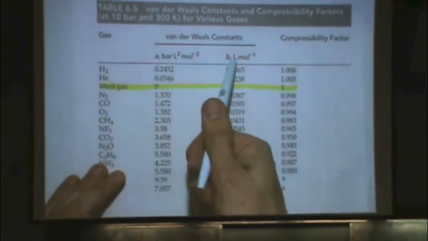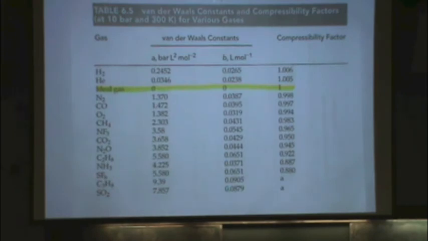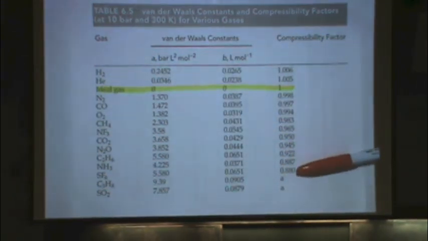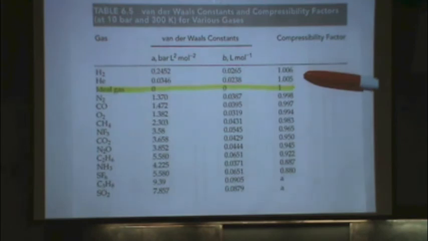And that's what this is, a and b. For an ideal gas, a and b are 0, and the compressibility factor is 1. Okay, that's an ideal gas. But you can see they can vary depending on what gas you have. In fact, no gas is truly ideal, but you can see hydrogen and helium are pretty darn close to ideal.